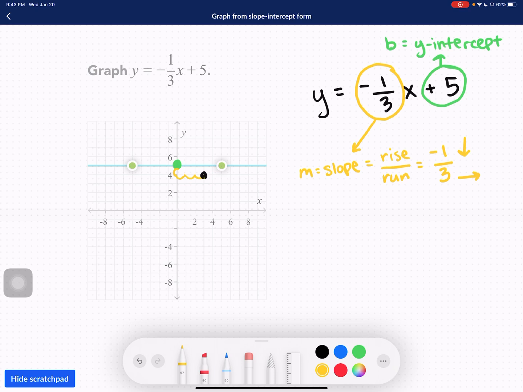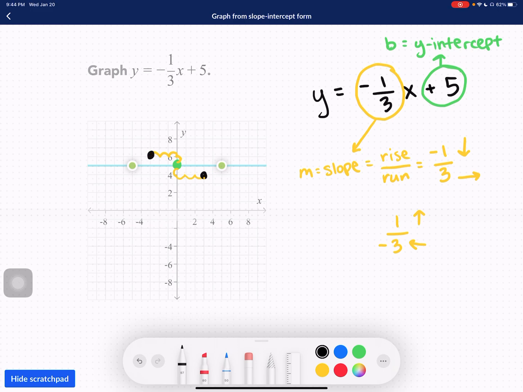And again, if you want, you can keep on doing it. I'll show you guys. What if I had done 1 over -3 instead? This means I would go up 1 and to the left 3. So let's do it from this point here. If I went up 1 and to the left 3, you'll notice it's still the same line, right?